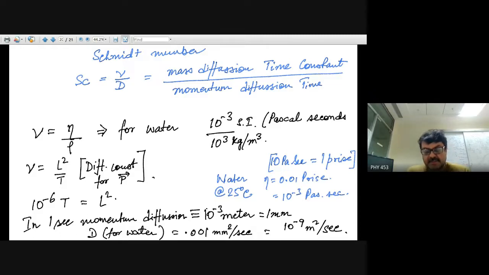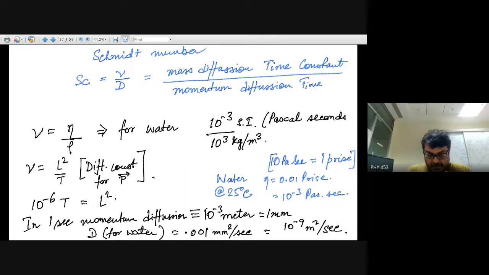As we briefly mentioned in the past, and we're going to discuss this further, the kinematic viscosity, or eta by rho, is something like the diffusion constant of momentum. Now, diffusion of momentum can occur in two ways.